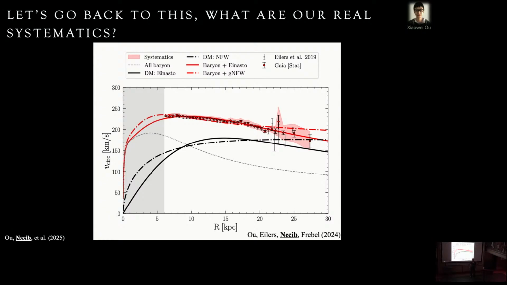So basically, we're not trying to go directly from the map of the stars to the underlying dark matter. We're using the stars as tracers in a gravitational potential, right? What we're trying to fit for is the gravitational potential of the dark matter along with that of the stars and the gas, which is here.